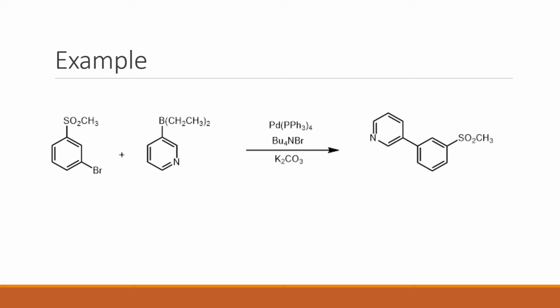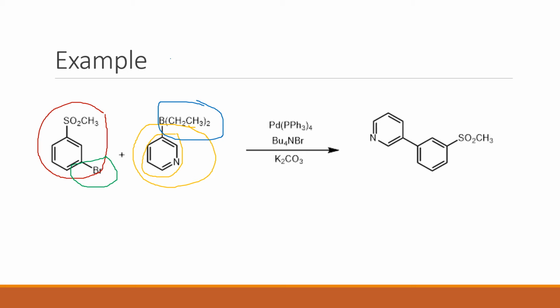So let's look at an example. What you do is you're going to look for the halide, the organohalide, usually the one with the halogen attached over here, and that is going to bond to this organoboron species. So here is your R group, and over here was that Y that you saw earlier. Okay.